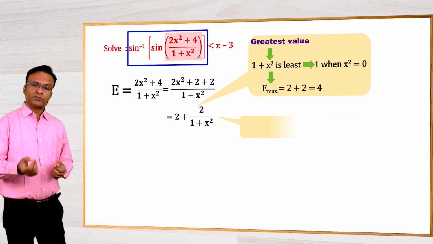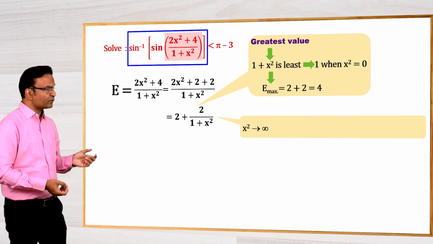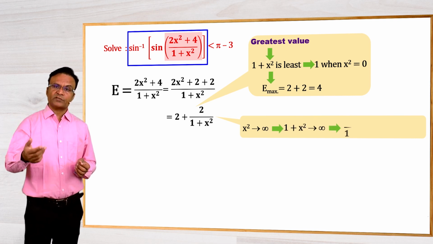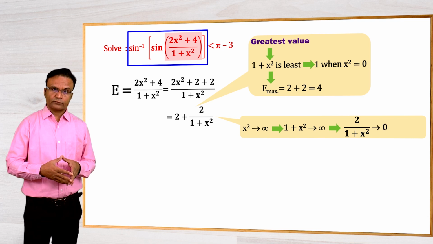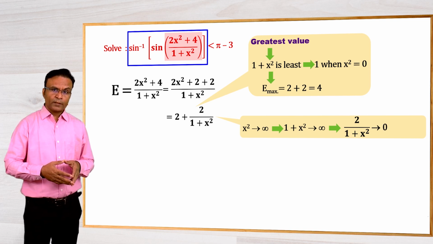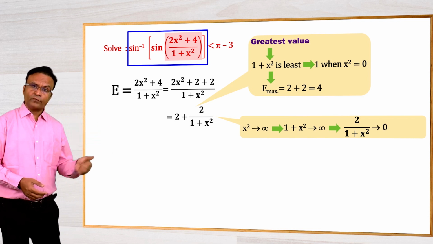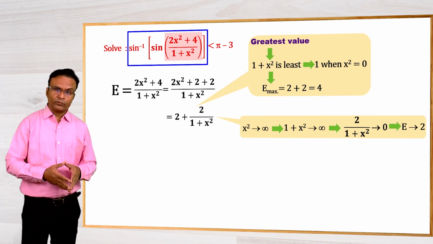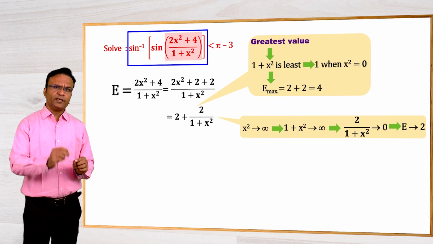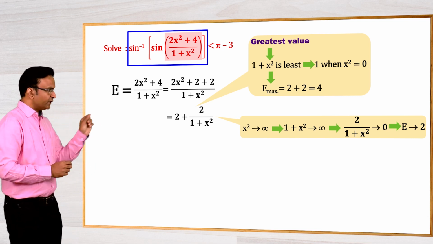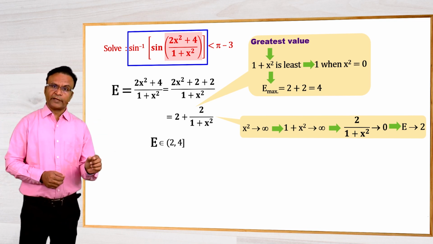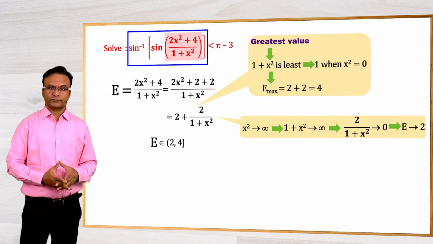Also when x square tends to infinity, 1 plus x square tends to infinity. That means 2 upon 1 plus x square tends to 0. So the lower limit of this function is 2. However, we cannot get exactly 2. The value will be slightly more than 2. So the range of this function is open interval 2 to 4. At 4 we have close interval.